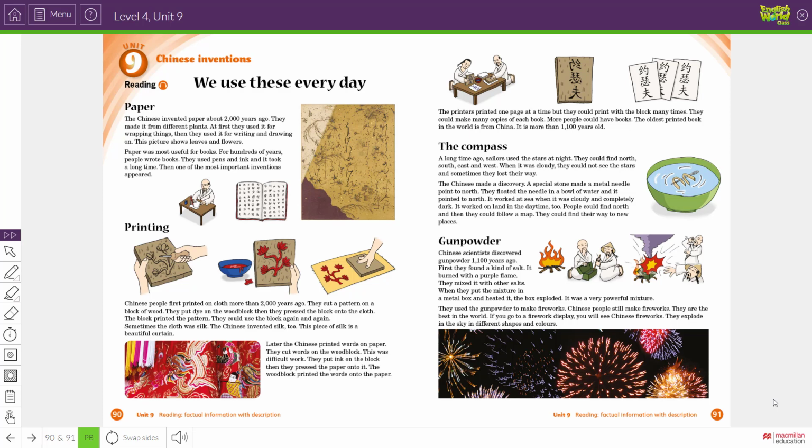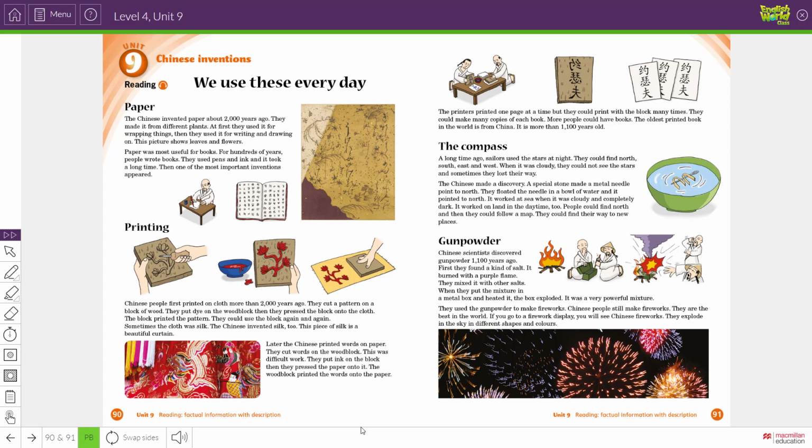What else? The notebook, of course, made of paper. If you have a poster on the wall, it's made of paper. And if there is a map, it's made of paper also.